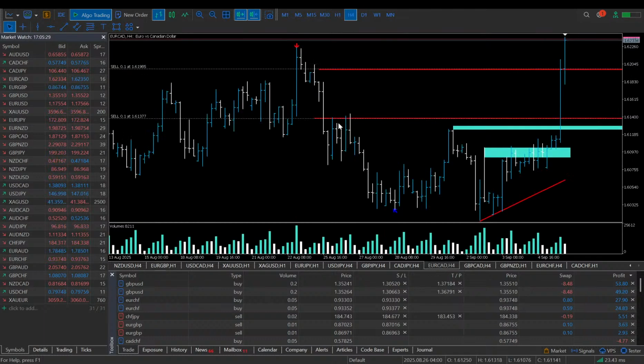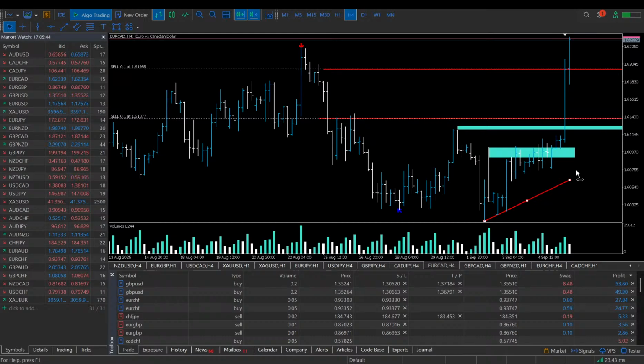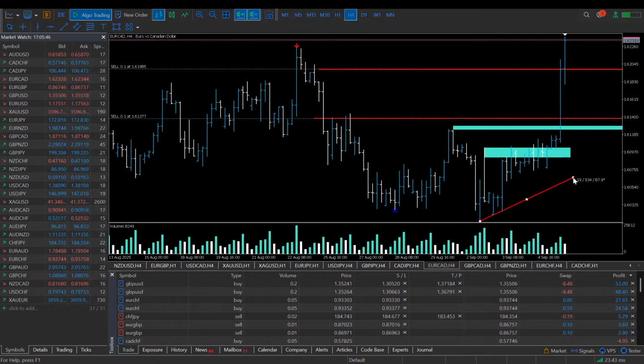And EURCAD is another trade that we put a pending order on. I do know that this ascending triangle will be triggered anyway. I wasn't expecting the buy trade to be aggressive.